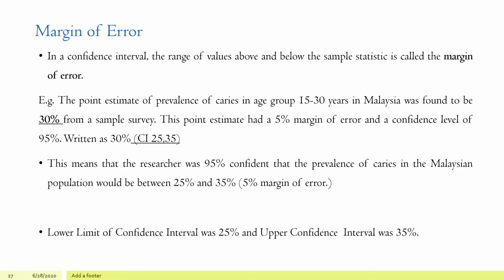So 30% may have a 5% margin of error. 30 plus 5 is 35, 30 minus 5 is 25. So if you get 30% prevalence, the range may be 25 to 35 at 95% confidence interval and 5% error.